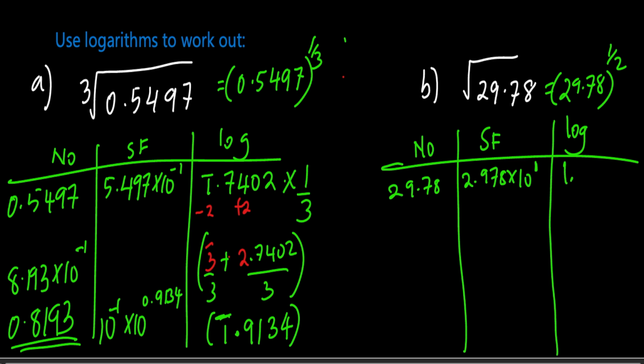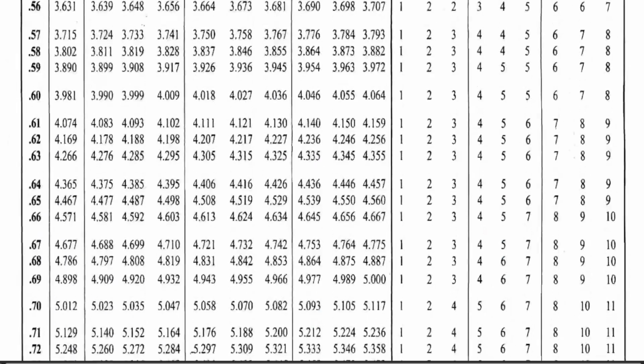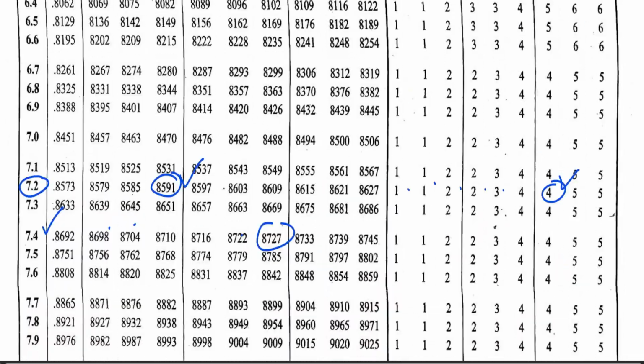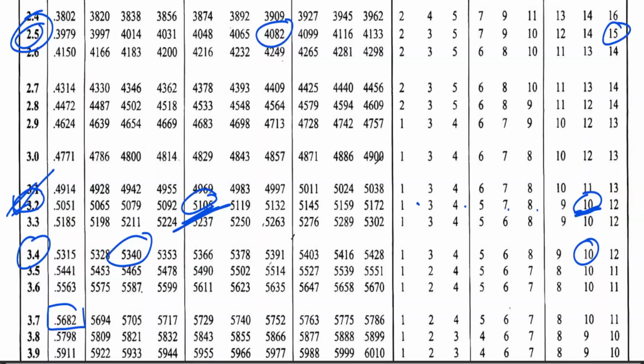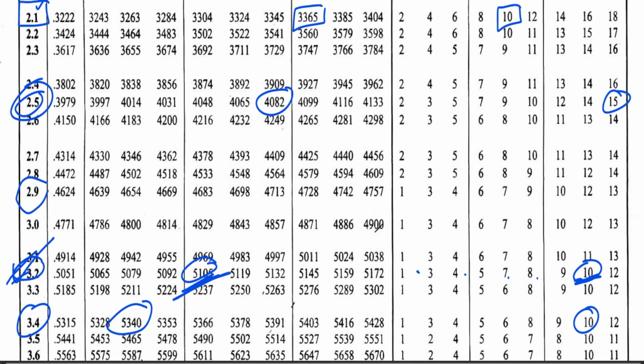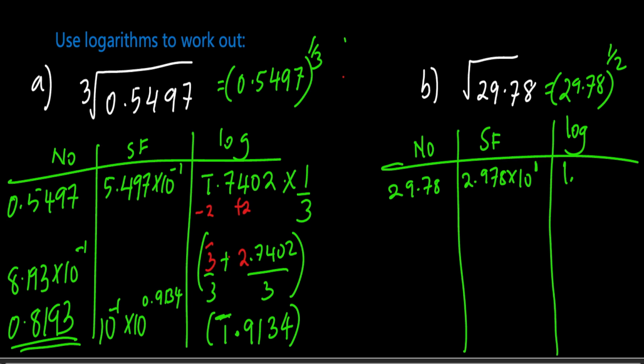So what's the log of 2.978? Here, 2.9, and then we have 7, and then we have 8. So 4728 plus 12 is going to give you 4740.